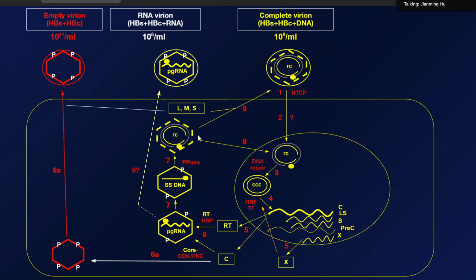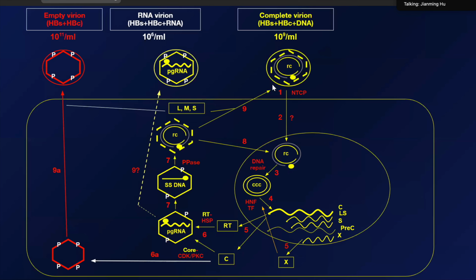Once the viral envelope proteins, again, there are 3 of them, L, M, S, reach certain levels, then the mature capsid containing the rcDNA, the broken hexagon, is directed outside the cells, forming virions. That's step 9. That finishes the whole cycle.